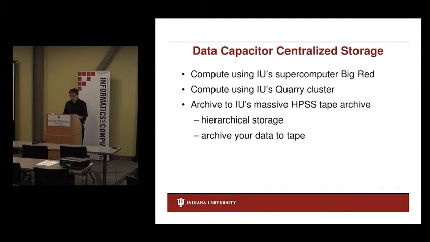And the data capacitor is central to IU resources, which also includes HPSS, which is a name for a hierarchical storage system that moves your data to tape eventually. So it's a permanent home for your data that you can retrieve from too.